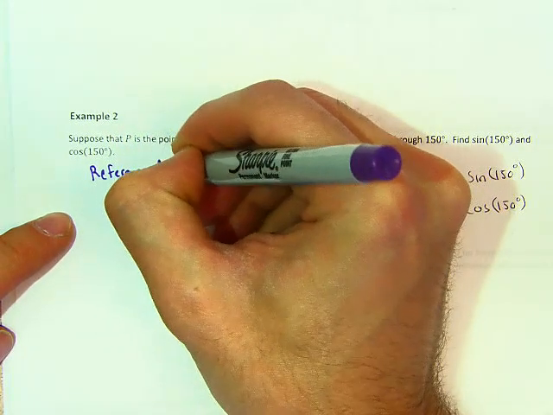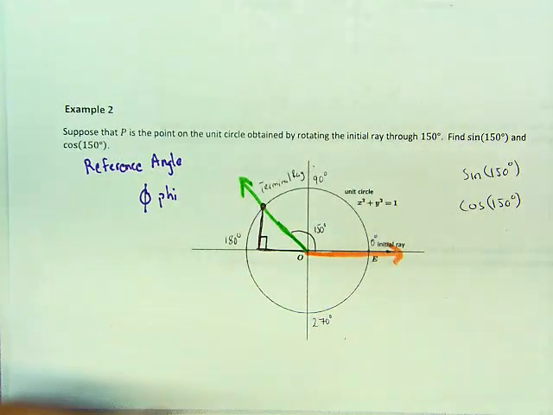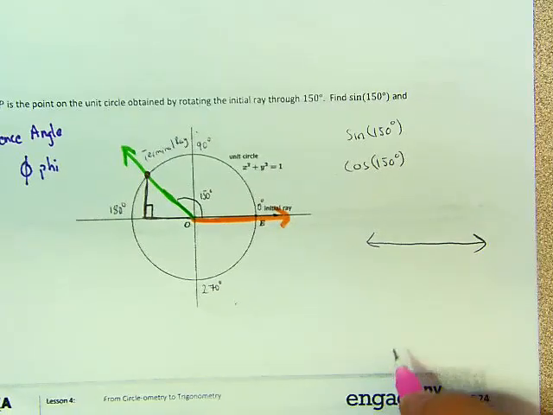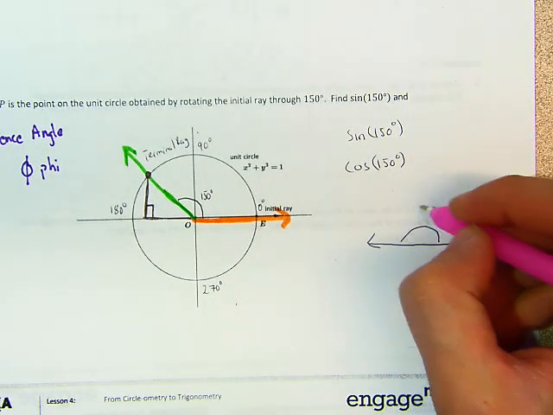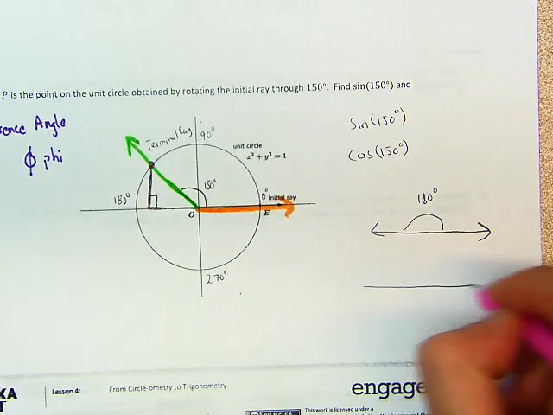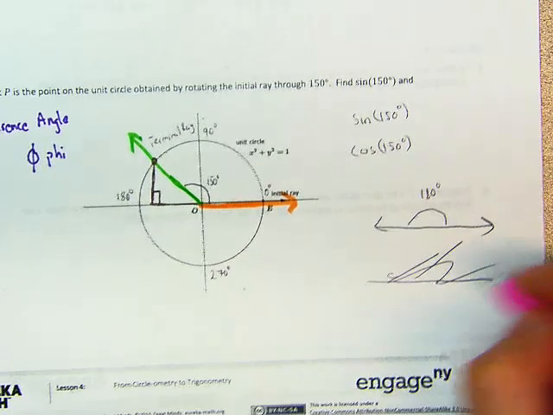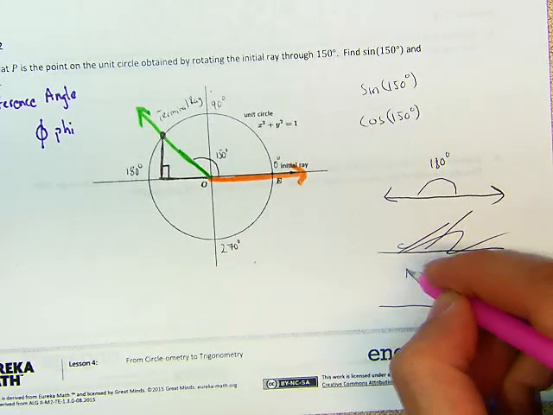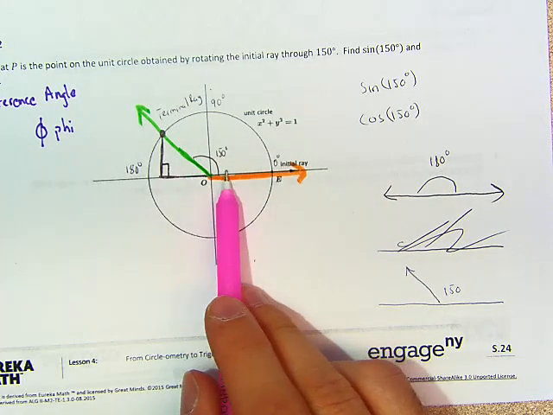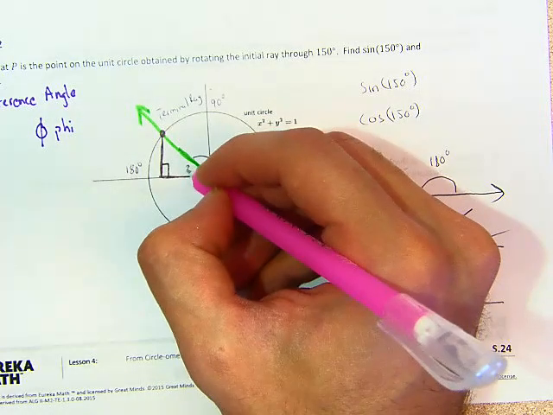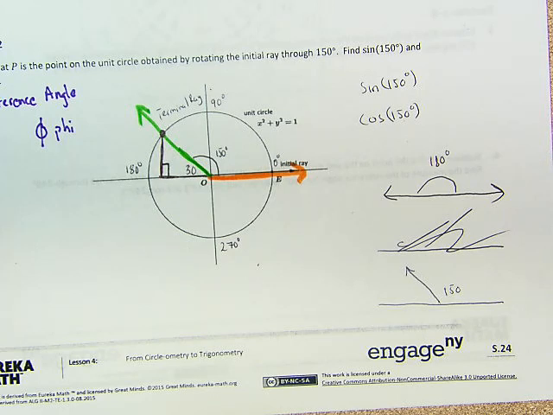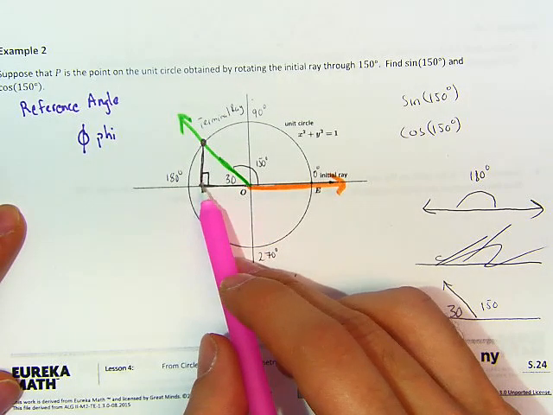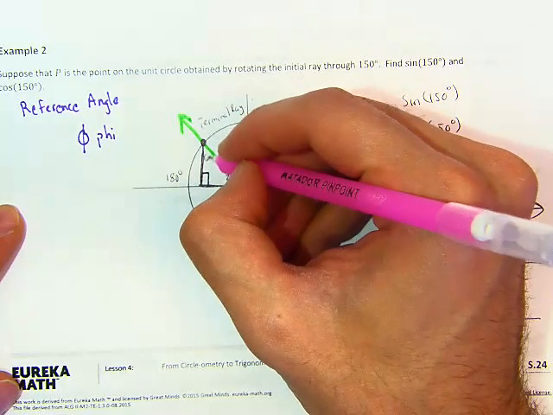Can we calculate this reference angle? Absolutely, because a line has a 180 degree rotation. Sorry, bad diagram. If here to here is 150 degrees, then this angle over here has to be 30 degrees to match the 180. So this is 30 degrees, this is 90 degrees, and this is 60 degrees.